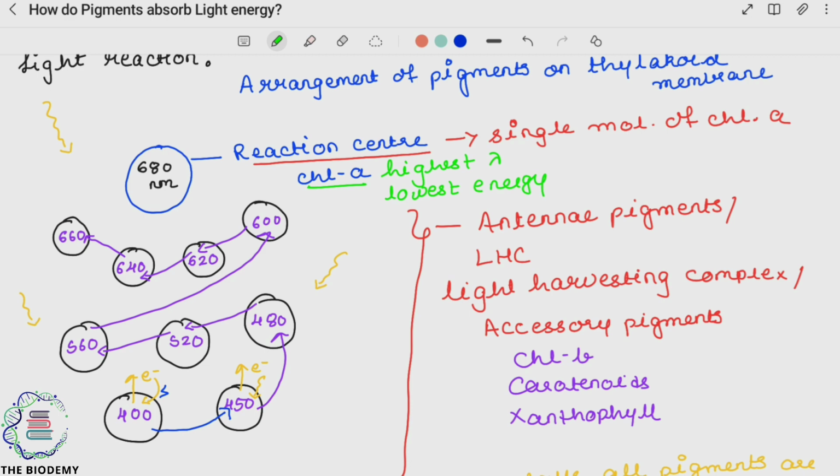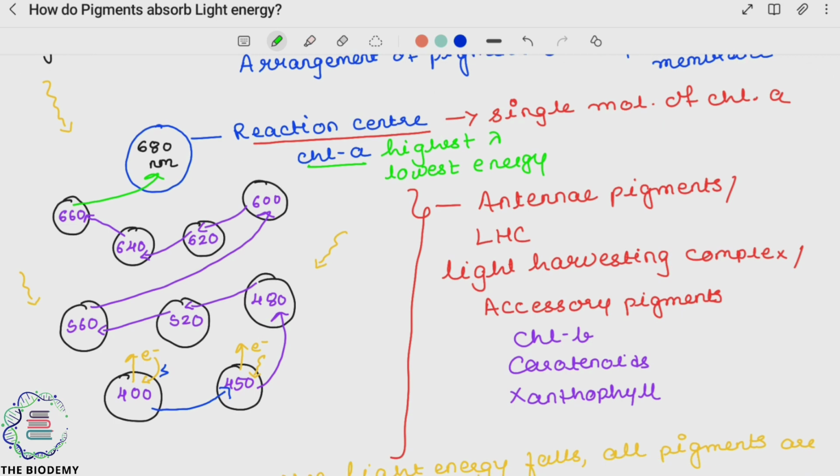So all of these pigments' energy will be simultaneously transferred to reaction center chlorophyll A, which is the main center from where your light reaction of photosynthesis starts.